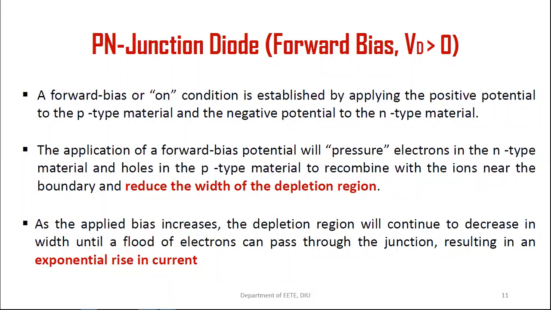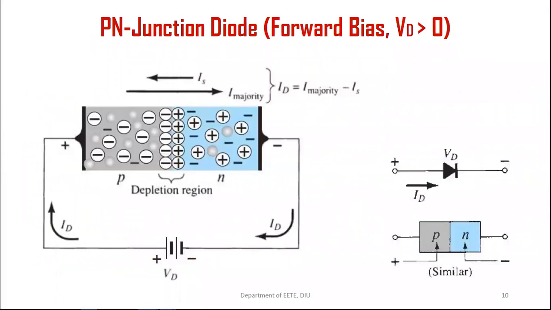We'll definitely. Muhammad Ali asks again, sir, how does current flow take place in a PN junction? That was the thing I discussed just now. Okay, one more time. When we connect the positive sign to the P terminal and the negative sign to the N terminal, this positive will repel or pressure the holes to move in this direction, from left to right.